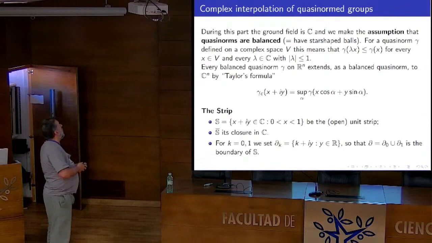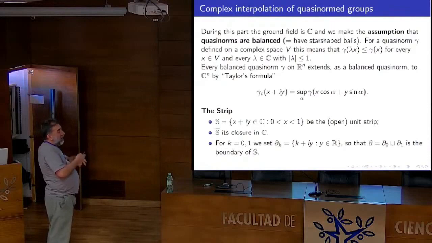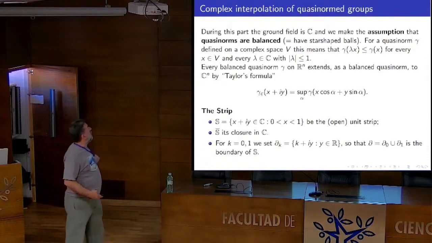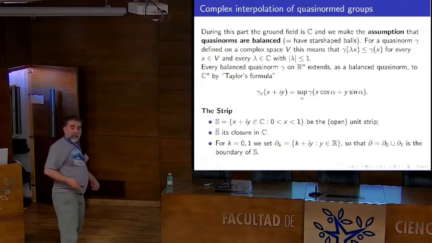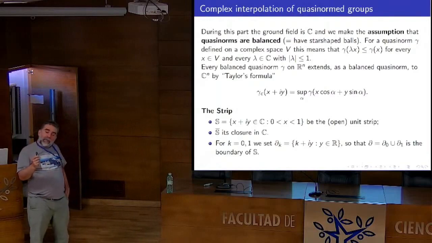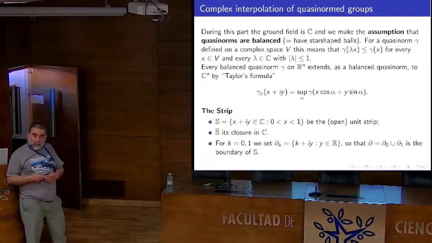So let me recall what this means in the complex case. The quasi-norm: you take some point and some complex number of modulus less than 1, then the quasi-norm decreases. Of course, to have some examples, you can consider any of the previous examples and complexify it, just in the same way that one applies the usual Taylor complexification procedure for a homogeneous norm on a real space.